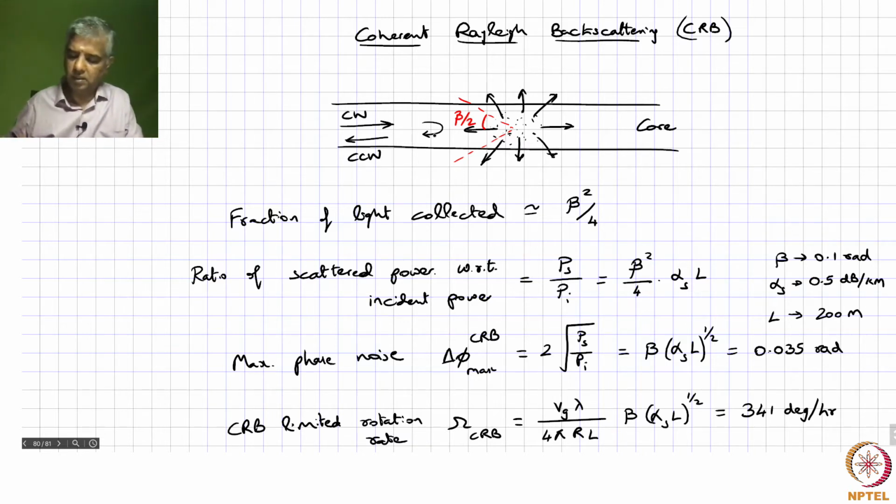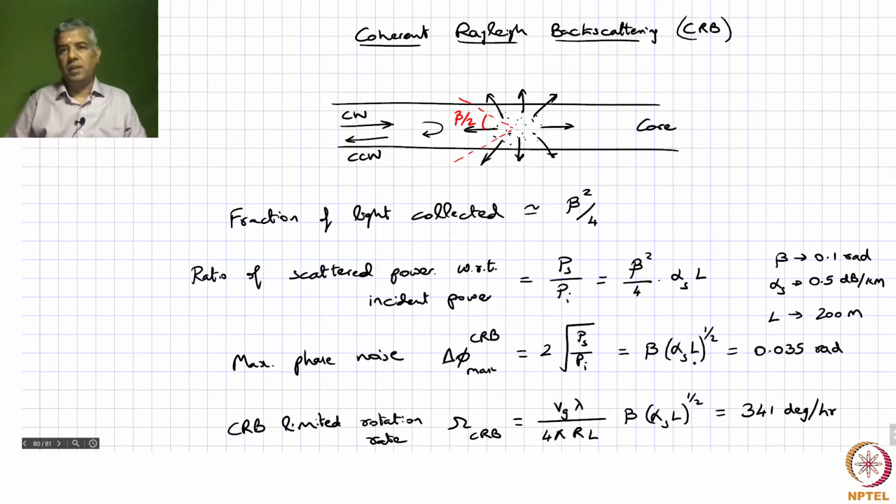And then you can have phase uncertainties because of that. And that phase uncertainty, we realized, could be in the order of 0.035 radians, especially when you consider that you have a length of say 200 meters typically, and the coherence length of your source, if you use a high coherence laser, could be in the order of 200 meters, and then this will be a huge problem.